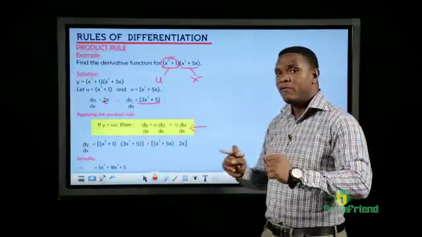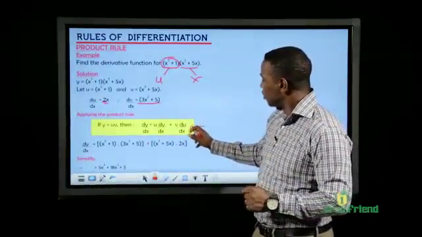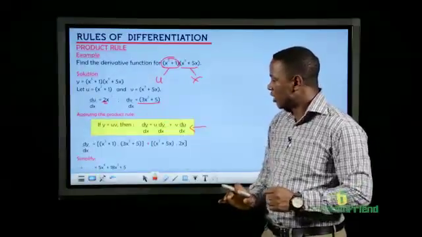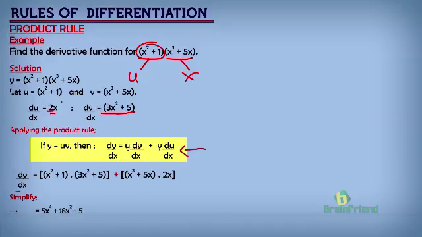Now that we have everything we need in place, all we need to do is to input our values into our formula to get our answer. dy dx, therefore, would give us u, which is x squared plus 1, times dv dx, which is 3x squared plus 5, plus v, which is x cubed plus 5x, times our du dx.